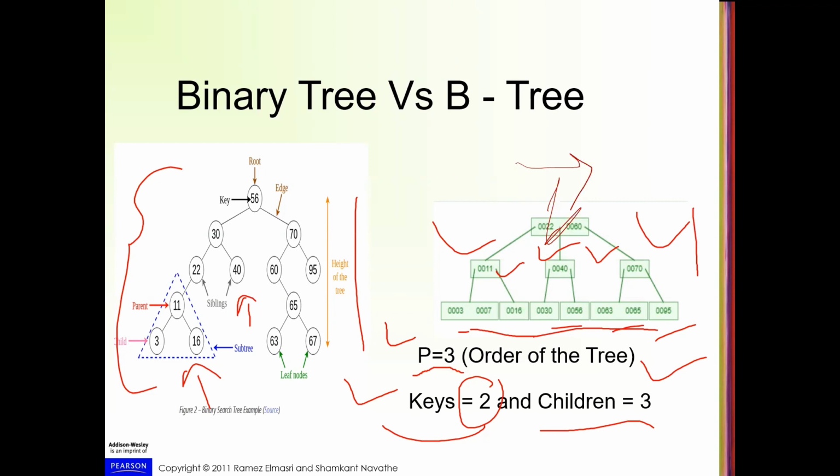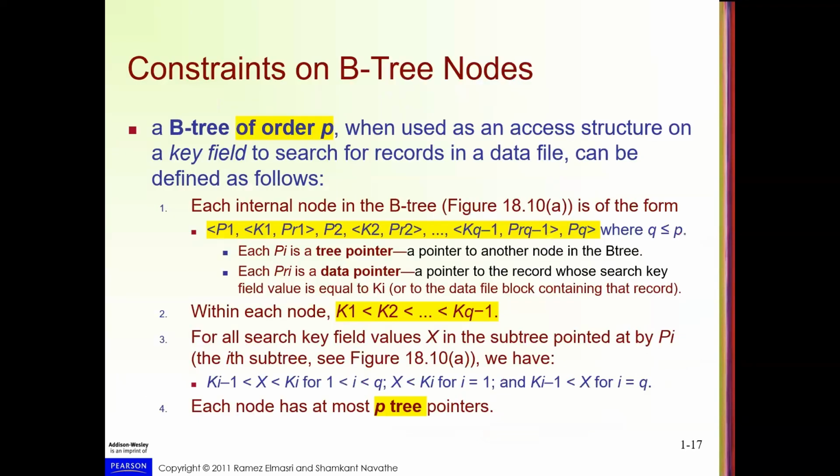So always the values or the keys inside a node are arranged in ascending order. This is very important. The sorted keys are kept inside each node, which will allow us to efficiently search for a node inside the B tree.